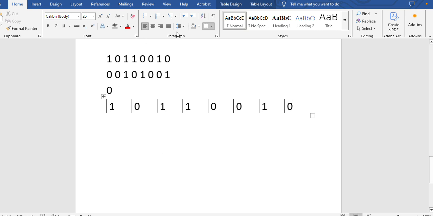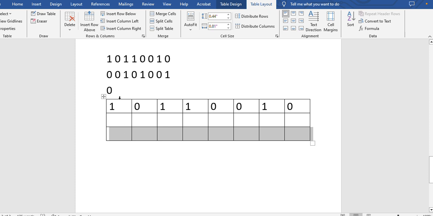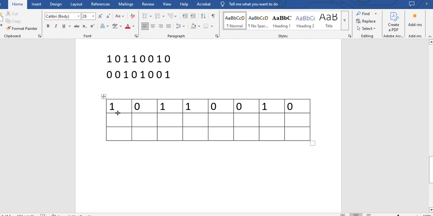Left. So let me copy this one in a table. Okay, 1 0 1 1 0 0 1 0. Then I can have another.